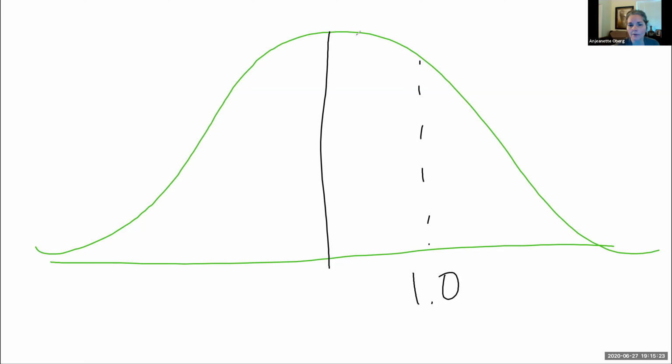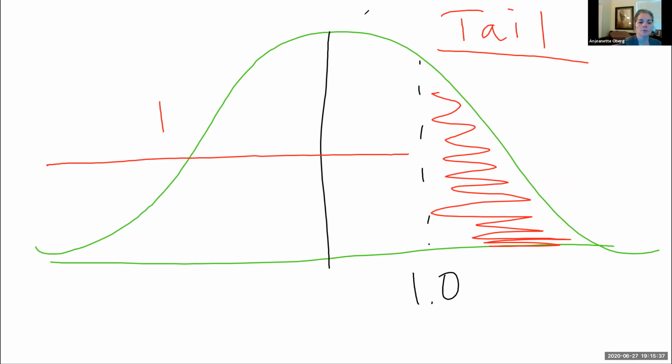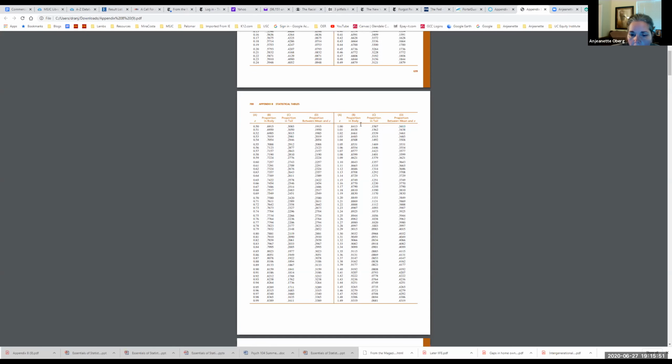So what it's asking me for is this area right here, right? Greater than. So this is the bigger piece of the pie, and this is the littler. So this would be the tail, and this would be the body, okay? So then now I'm going to go to my unit normal table, and I'm going to look for a z-score of 1, and I'm looking for the percentage in the tail, which is 15.87%, okay? Do you see that? So let me go back.